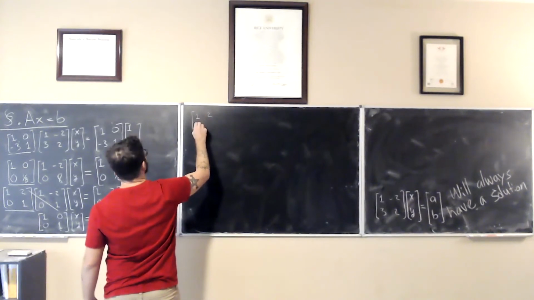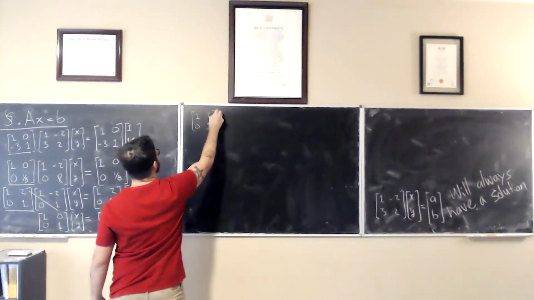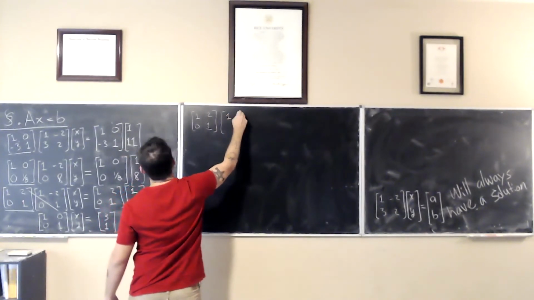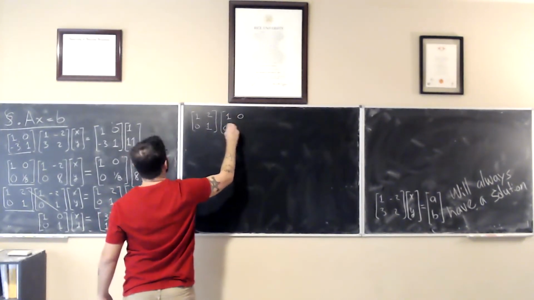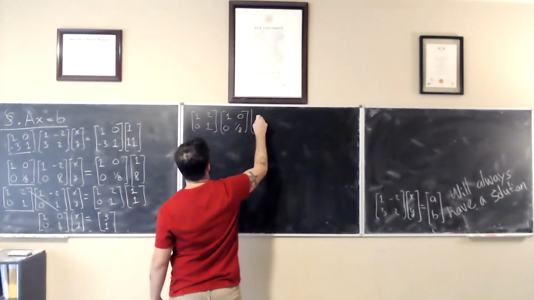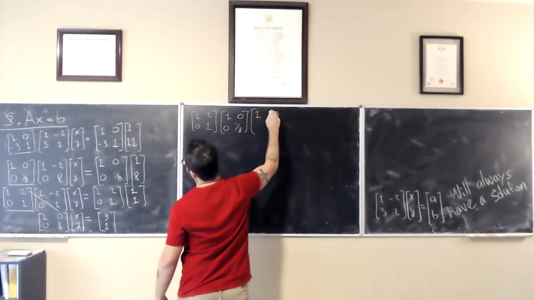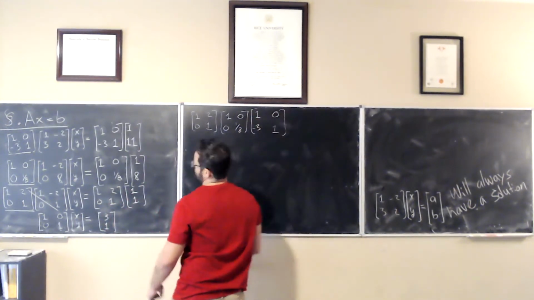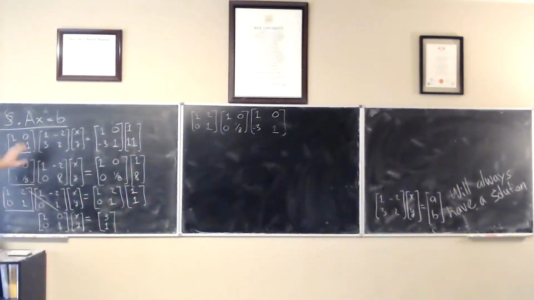1, 2, 0, 1 times 1, 0, 0, 1/4 times 1, 0, -3, 1. Those are all the matrices we multiplied, right?